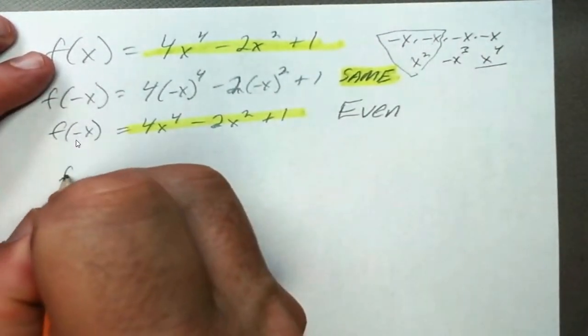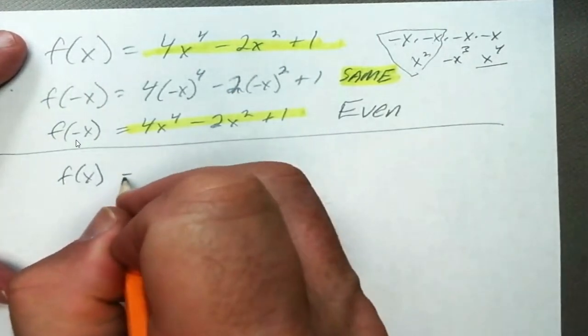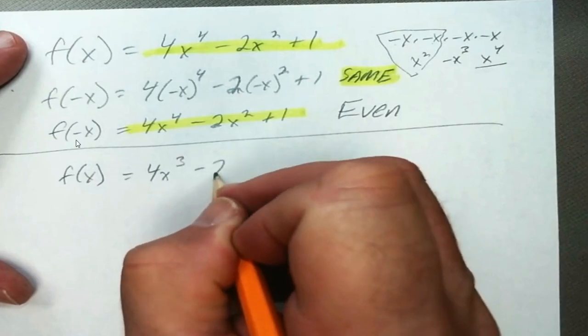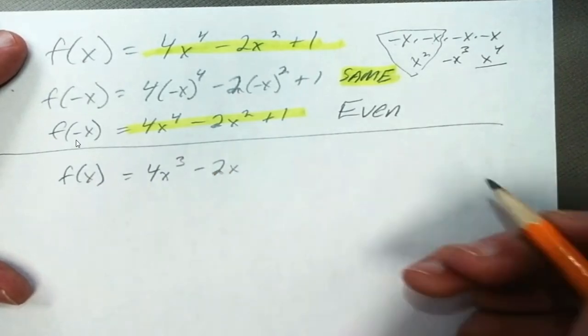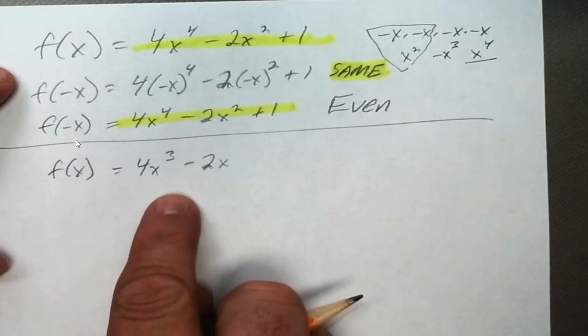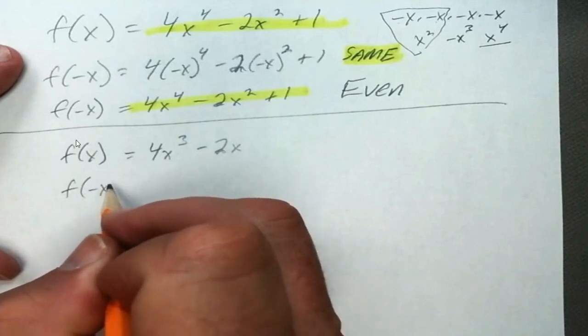Now, if we do this, let's get another one. Let's make it 4x to the third minus 2x. I'm not going to put a plus 1 on it. I'm just going to leave this. And I substitute negative x.